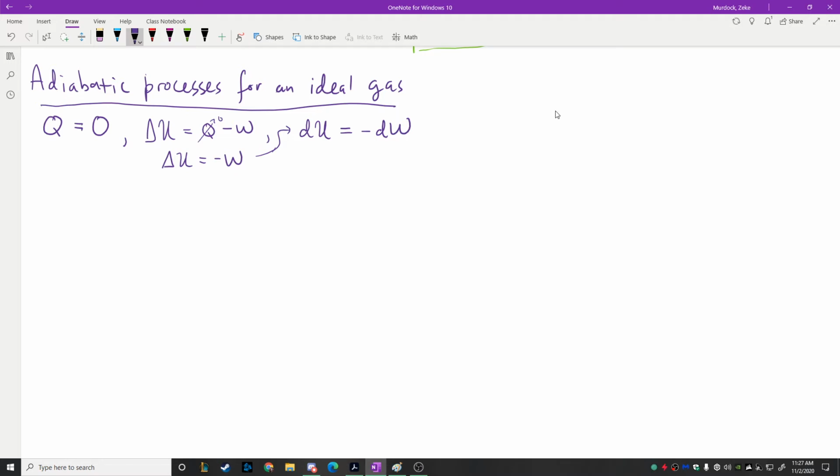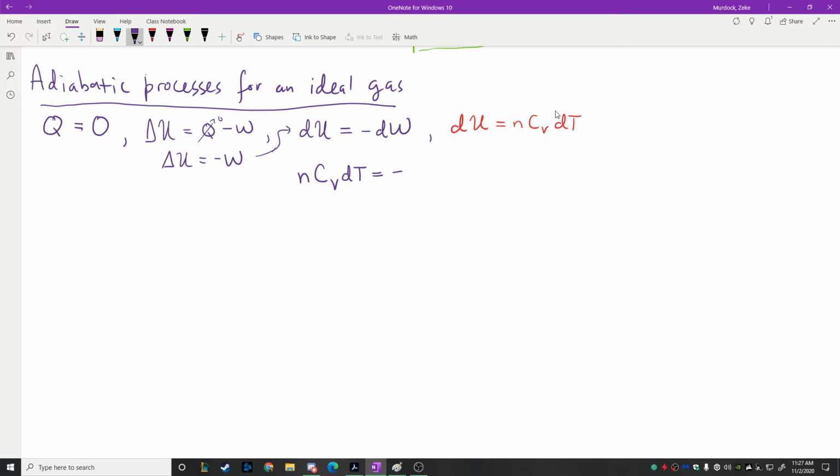The other thing we know specifically for an ideal gas that we used in the last part was that the change in internal energy is really only dependent on temperature, and that we can gain that by looking at this equation right here using the molar specific heat at a constant volume. And then we can equate that by using our other equation for dW. So let's put those together here. On the left-hand side, we'll have n times CV dT.